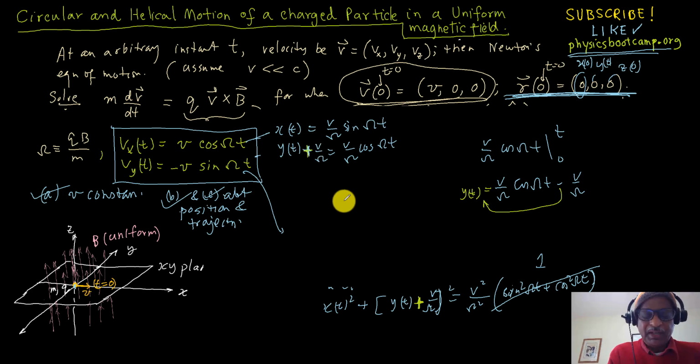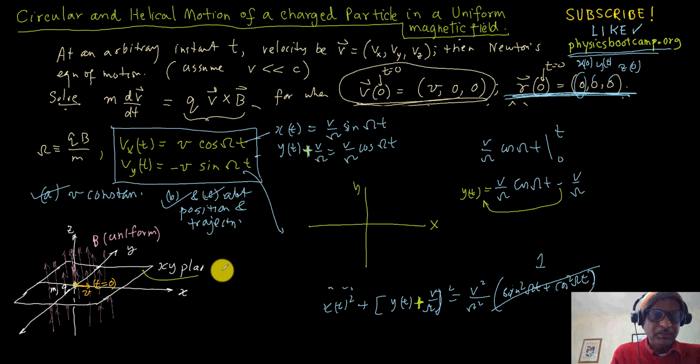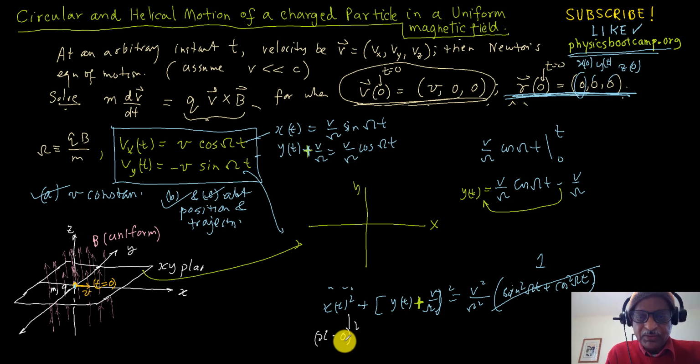So if I look at the x, y plane, it's going to be x minus 0 squared, right? So this is the center, and this is y minus y0. So this is y0, the y center, and this is the x center.